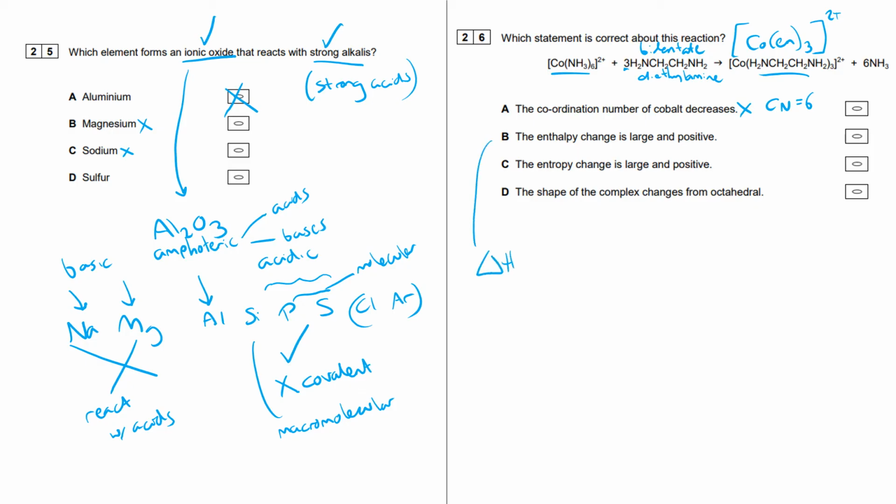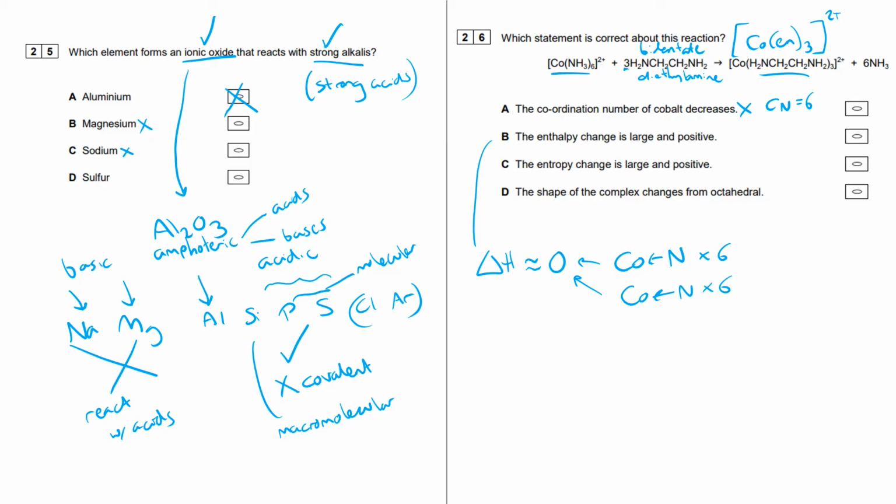Delta H in this reaction is approximately 0 because you're breaking 6 cobalt to nitrogen coordinate bonds, and when the diethylamine bonds, you're making 6 cobalt to nitrogen coordinate bonds. So because you're breaking and making the same type of bonds, the enthalpy change is approximately 0.